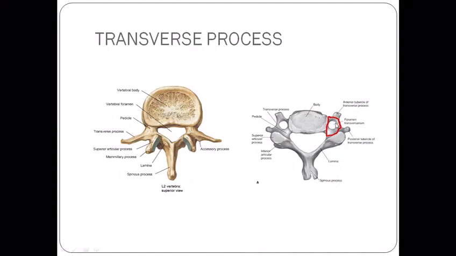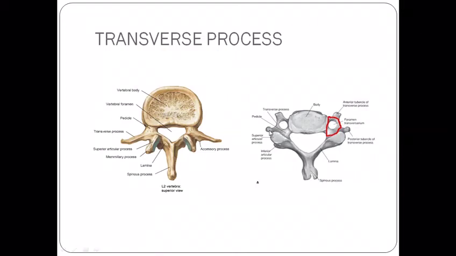This foramen transversarium lodges the second part of the vertebral artery, except at the seventh cervical vertebra. In all the remaining cervical vertebrae, the foramen transversarium lodges the second part of the vertebral artery. The foramen transversarium divides the entire transverse process into an anterior root and a posterior root. The anterior root ends at a projection known as the anterior tubercle.